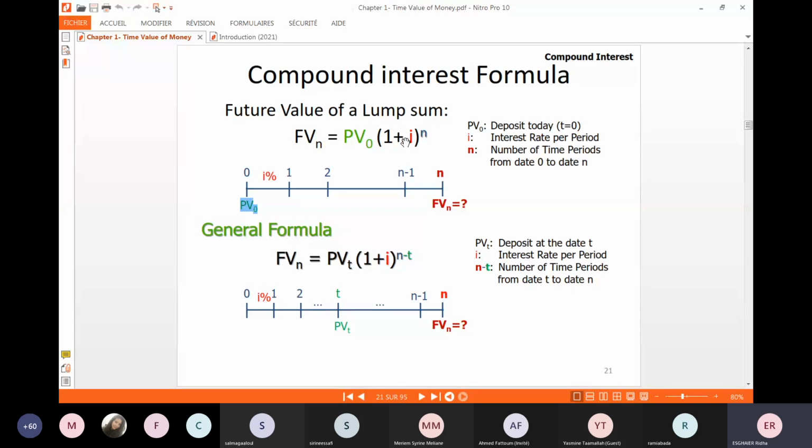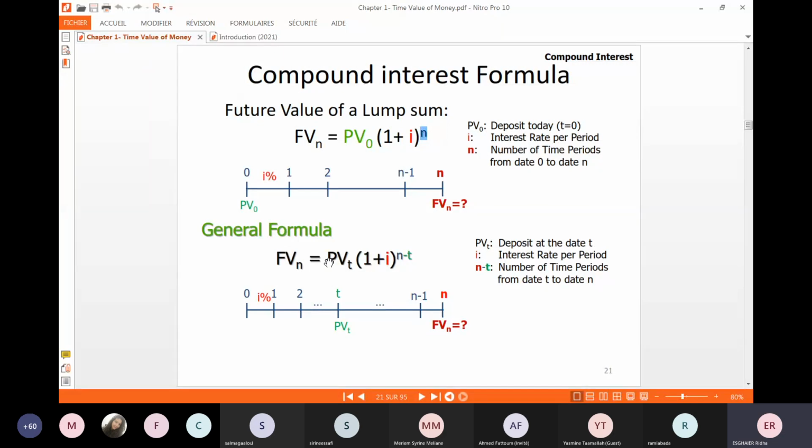And a more general formula, when you invest an amount at the date t, its future value at the date n will be present value times 1 plus I power n minus t. So the first formula is a particular case of the second one, when t is 0.